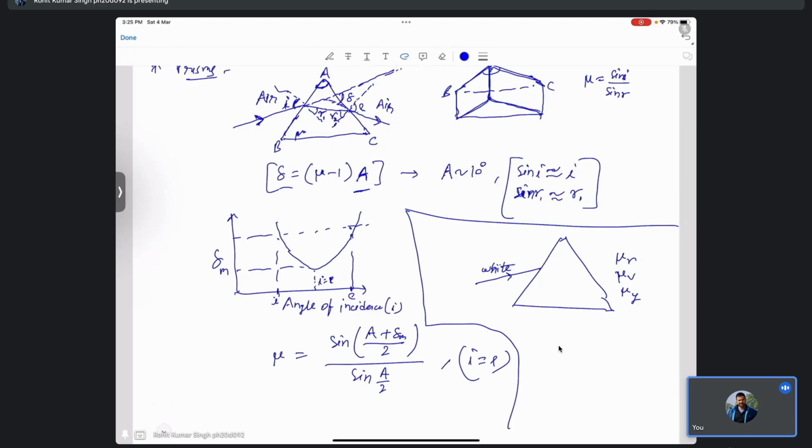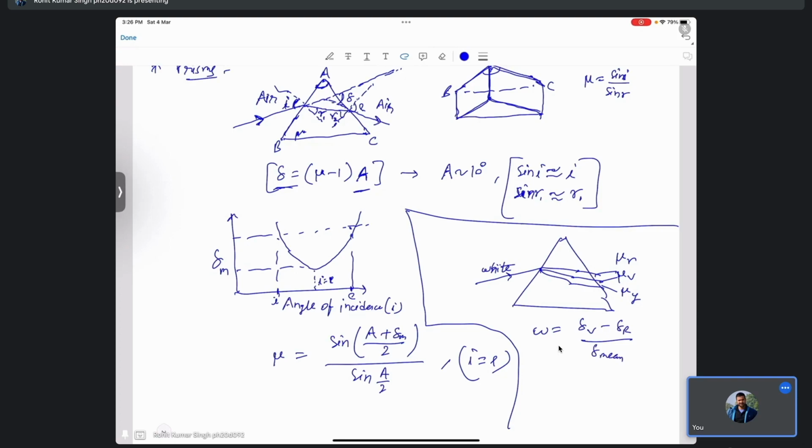So you understand, right? How it happens. Since all the refractive indices are different, the deviation will be different for all the colors, and when they come out, they will be separated. And so the dispersive power of a prism is given as delta of violet minus delta of red, over the mean deviation.